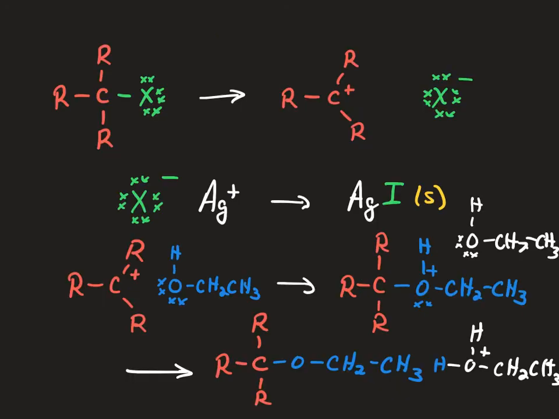So here's going to be a layout of our reaction mechanism. We start with our alkyl halide. Our leaving group leaves on its own, creating a carbocation intermediate, and our leaving group halide ion. But this is in a silver nitrate solution.